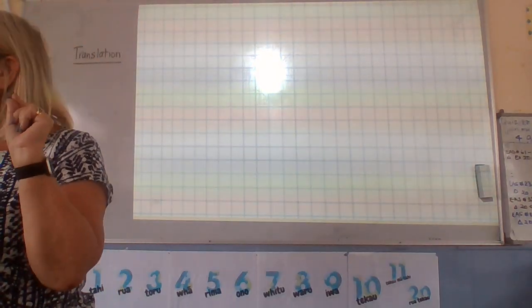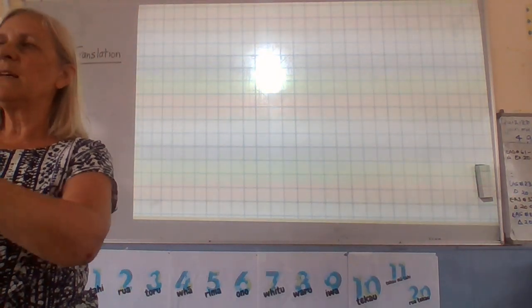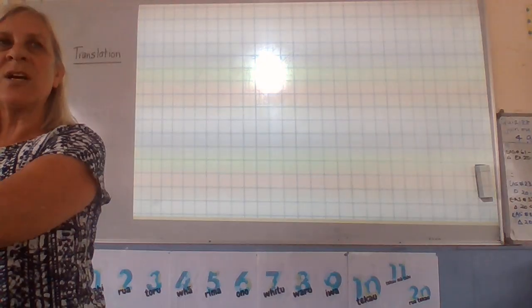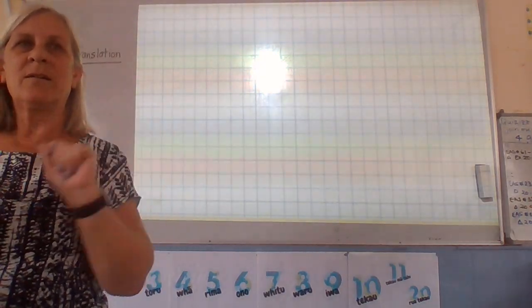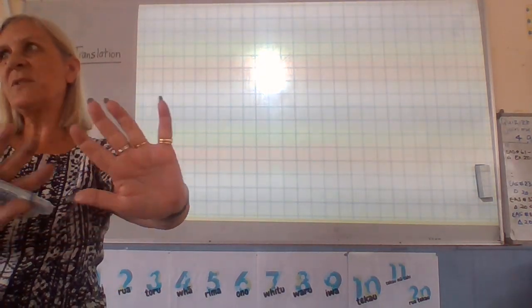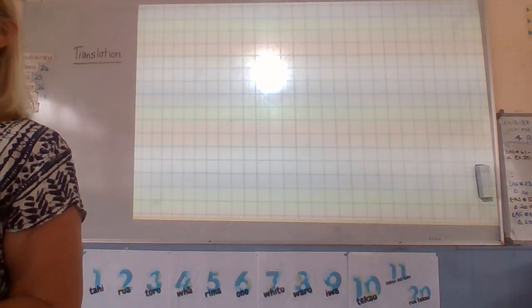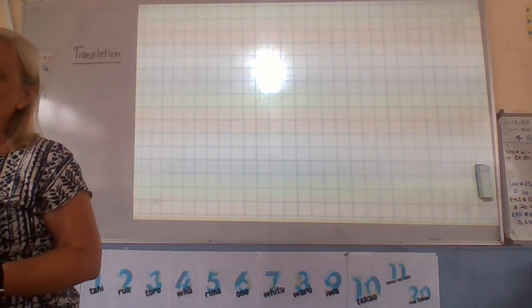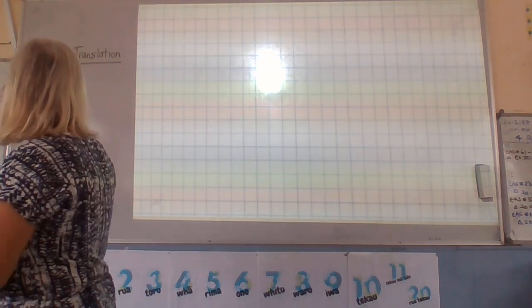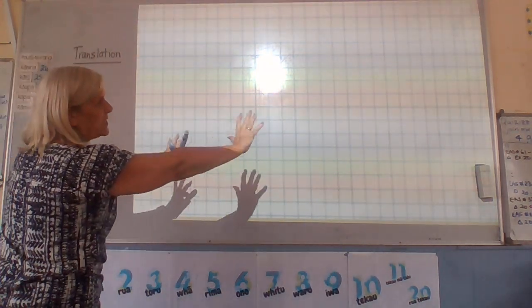So a translation is sometimes called a shift, or a glide. So in some places in the world, they call them glide transformations rather than a translation. All right. So what we're doing is we're just moving a shape.